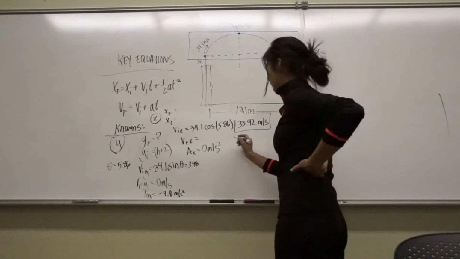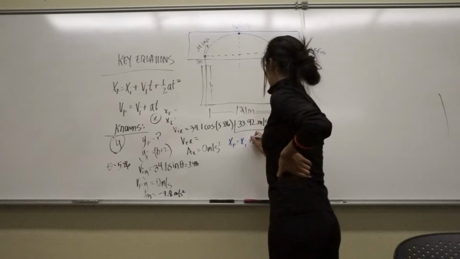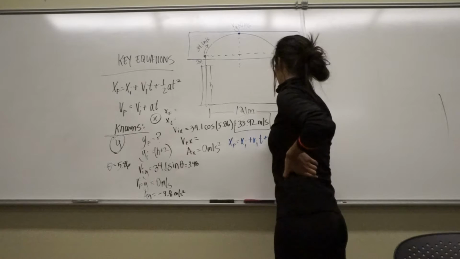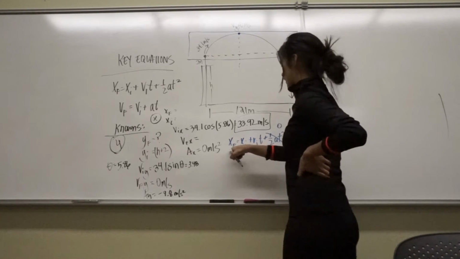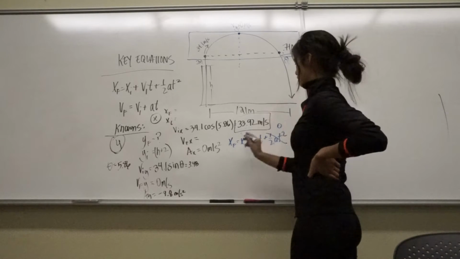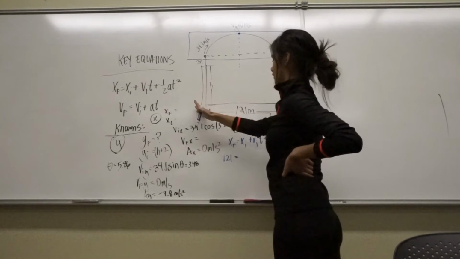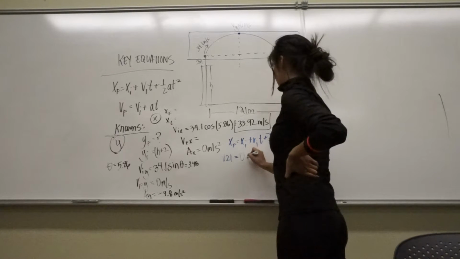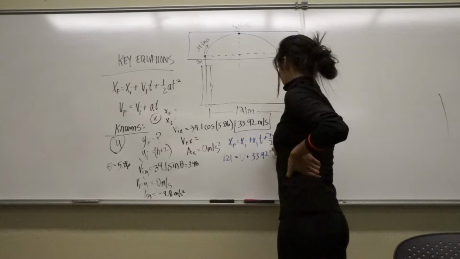Okay, so I'm going to go ahead and use this equation, this in blue. So x of f equals x of I plus VI of t plus 1/2 AT squared. We already know this is 0, so x of f is 121. X of I, the base of the cliff, is 0, plus our initial velocity, 33.92 t.